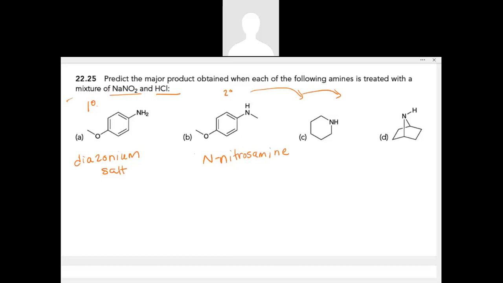So in this first reaction in A, we're going to create what's found to be an aryl diazonium salt. So we'll have our benzene ring here in the middle of our structure. And then instead of just a nitrogen with two hydrogens, we're going to replace that with a triple bond to a nitrogen.